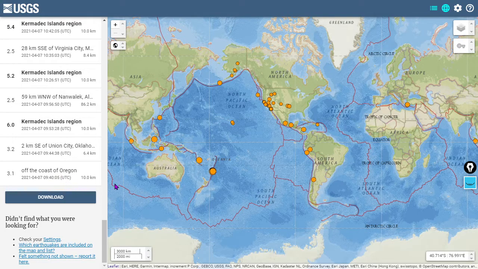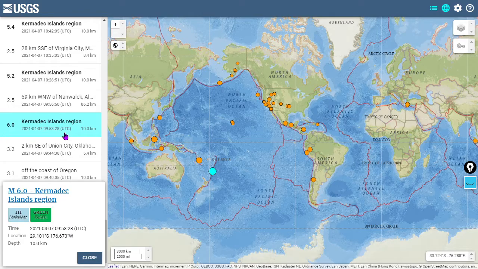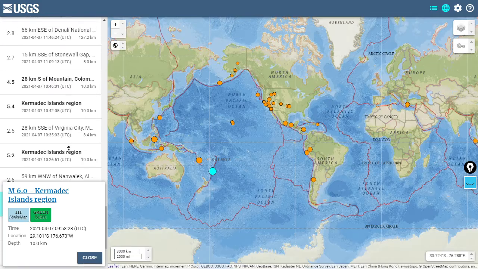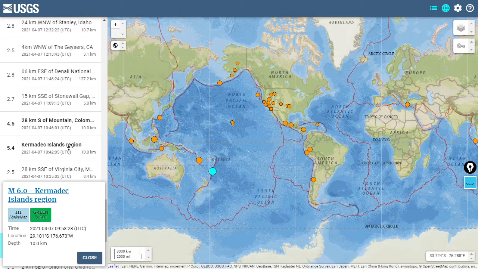And we see an American earthquake swarm here, although no major earthquakes happening in the U.S. It looks like nothing over a 4 magnitude here. So let's see what else has been going on. A 6.0 magnitude happened in the Kermadec Islands region, northeast of New Zealand, around the Kermadec Trench there. That, I believe, is the largest of the past 24, and we see a couple aftershocks there of 5.2 and 5.4 magnitude.